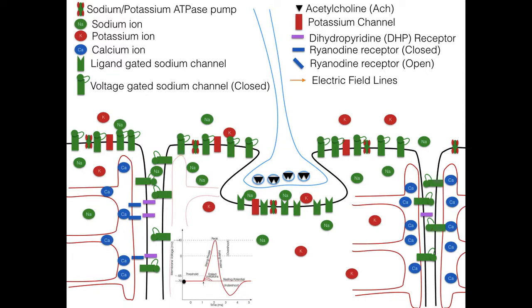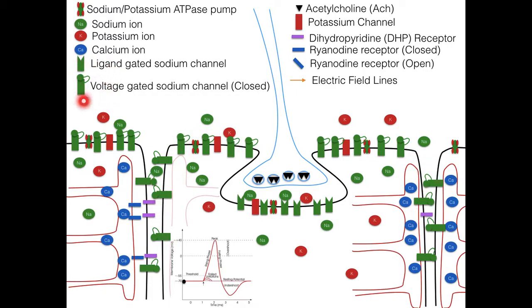These here are ligand-gated sodium channels. They only open when acetylcholine binds to them. Note that these ligand-gated sodium channels are only found in the synapse. They're not found in the rest of the membrane.